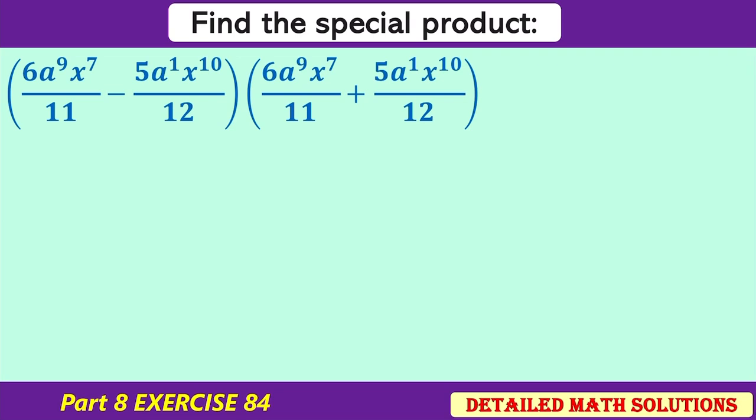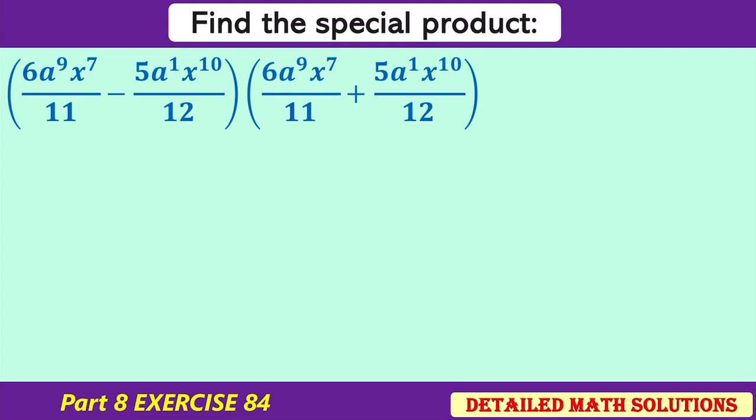Lastly, I'm going to again use the formula to find this special product. The first term 6a to the 9th power x to the 7th power over 11 will correspond to the a in the formula, and the second term 5a to the 1st power x to the 10th power over 12 will correspond to the b in the formula.